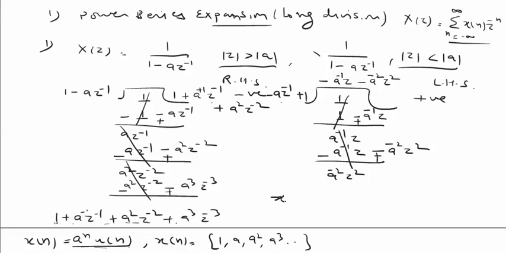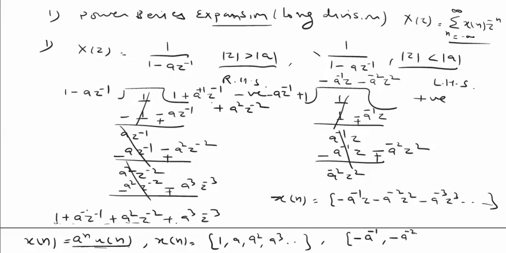So at the end I got this answer: minus a inverse z, minus a square z square, minus a cube z cube and so on. For x(n), our terms are minus a inverse, minus a square, minus a cube and so on.